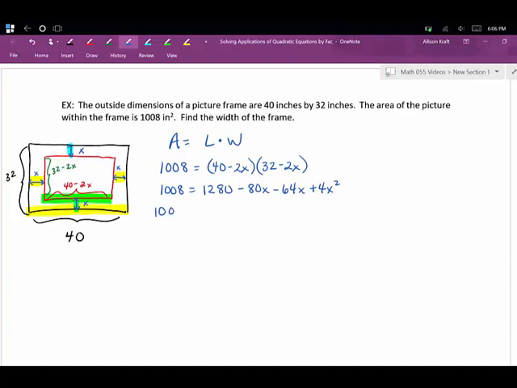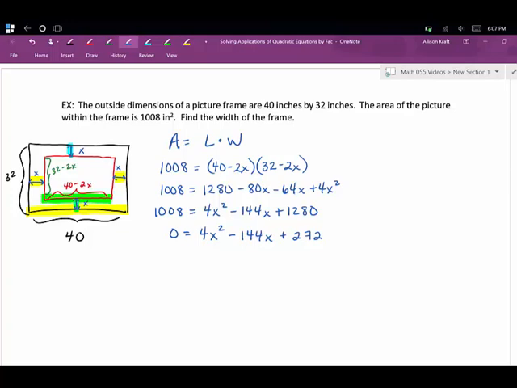Combining like terms and rewriting the right side in descending order, we get 1008 equals 4x squared minus 144x plus 1280. The last thing we need to do before we can start factoring is set it equal to 0. So we'll subtract 1008 from both sides, giving us 0 equals 4x squared minus 144x plus 272.